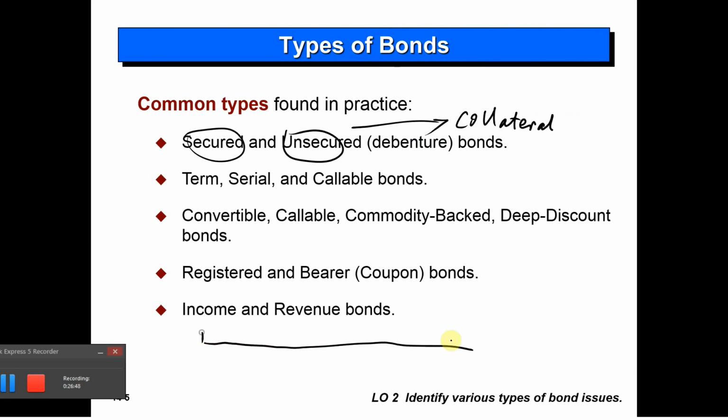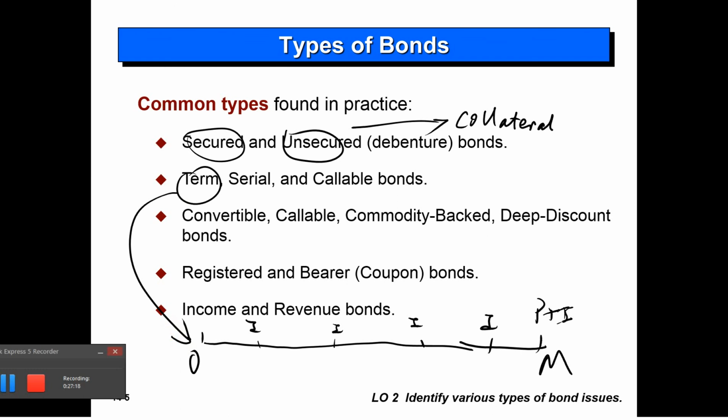So this is the issuance date, date 0, and this is the maturity date. In the middle, you only need to make interest payments, and at the end there is the principal plus the last interest. Okay, so this is what we call term bonds.